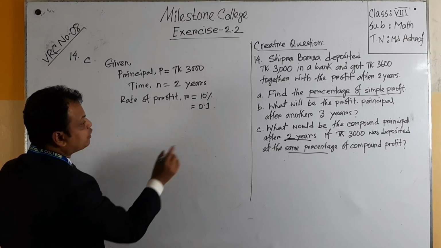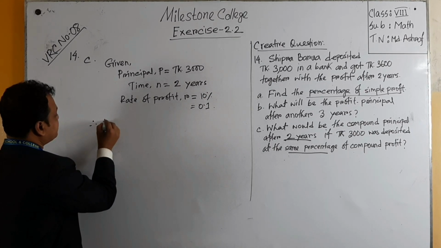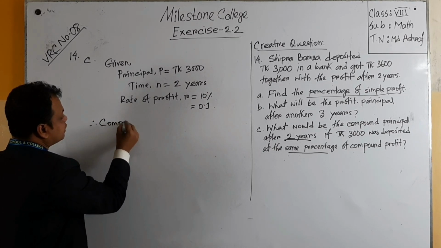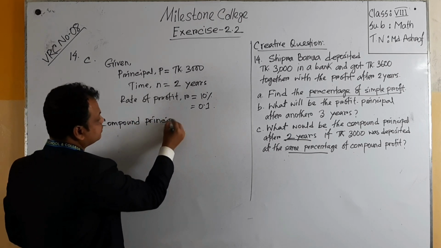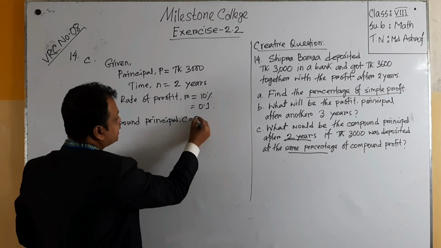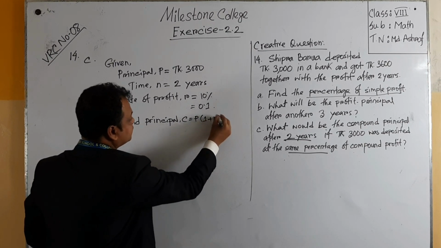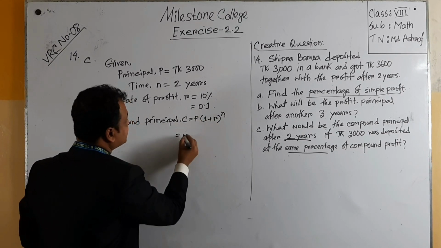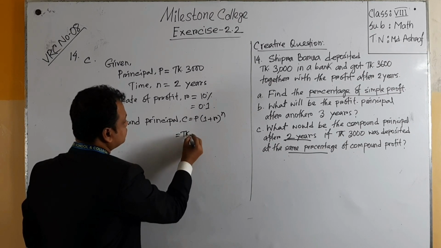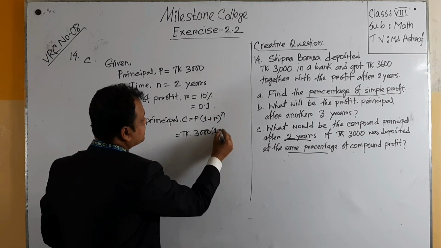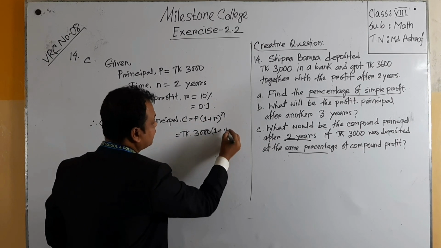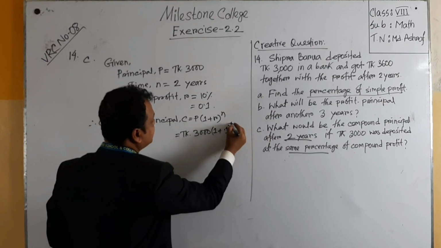Then we have to find the compound principal. So we know for finding compound principal, the formula is C equals P into 1 plus R power n. Put the value of P, Taka 3000, 1 plus R, R is 0.1 and power will be 2.